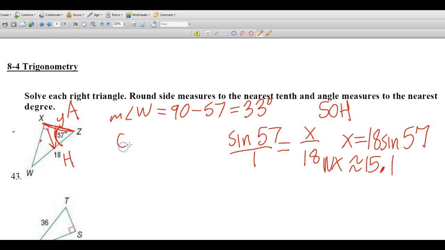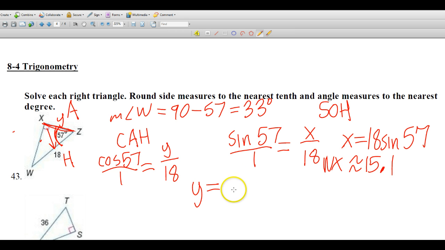So that would be CAH from SOHCAHTOA, adjacent over hypotenuse, so we would take the cosine of our angle, put that over 1, and set it equal to our adjacent, which is y, over the hypotenuse, which is 18. And once again, to solve for y, we would cross multiply. So y is equal to 18 times the cosine of 57. And y represents XZ. So XZ is approximately 9.8.